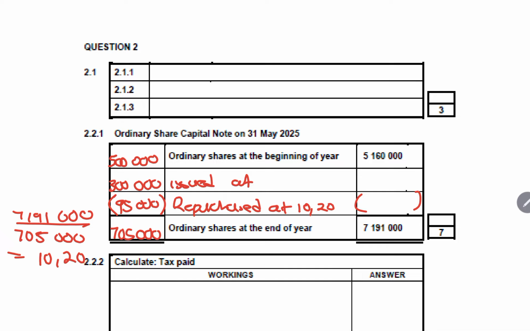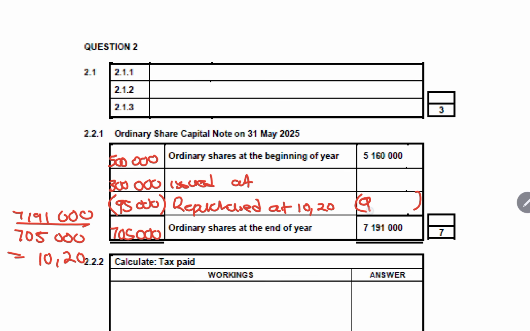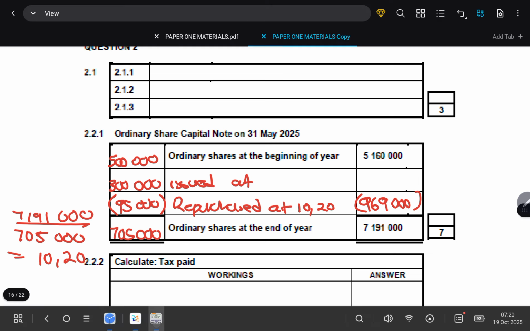We say 95,000 times 10 rand 20, which gives us 969,000. And then after this, the issued amount becomes your balancing figure.